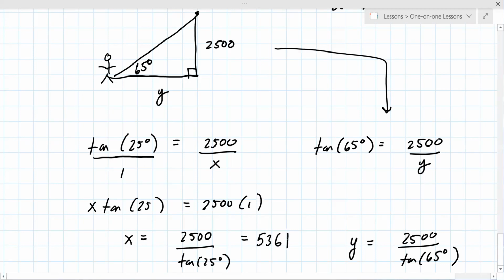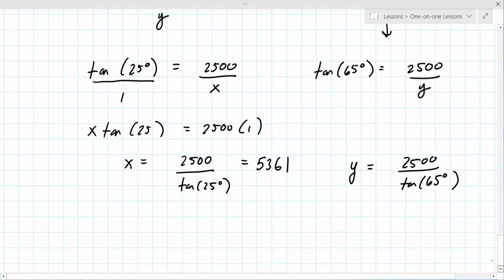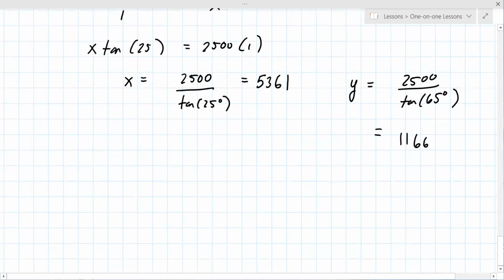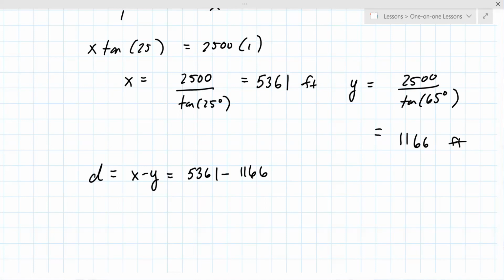They are, yes. Oh, feet. Okay. So that's 4195. Okay.